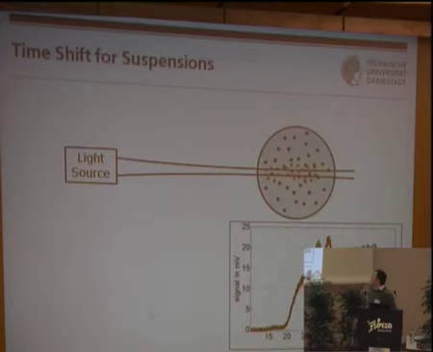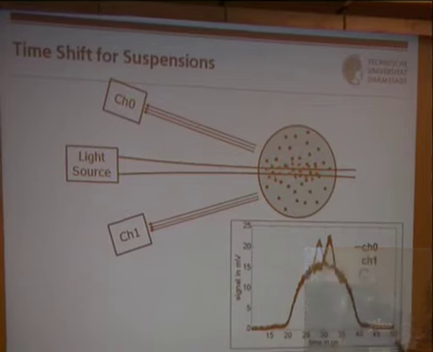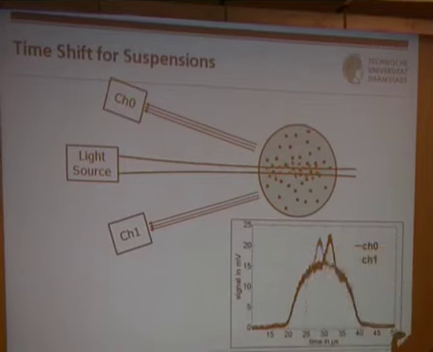Here's the basic principle. You have some milk particles and you have some small particles inside of these milk particles. You have here two detectors, and you have two physical effects. The first effect is reflection on the surface, and the second effect is the reflection inside, on these small particles which are inside of this big particle.